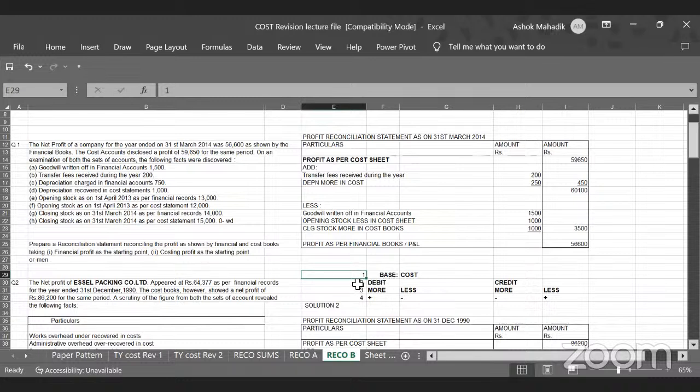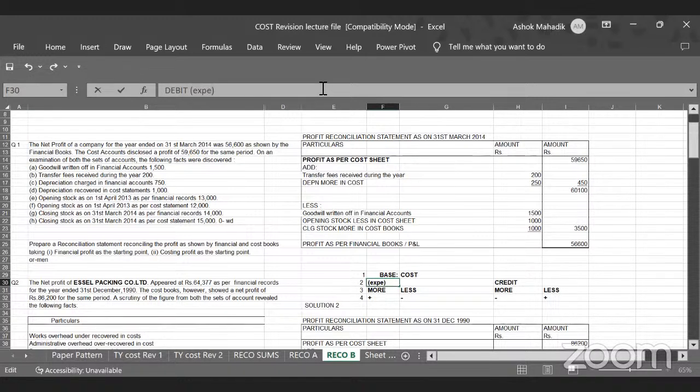Then step two is you identify the given item, whether it's a debit item or a credit item. So how will you recognize whether debit or credit? Well, all expenses or assets are debit items.